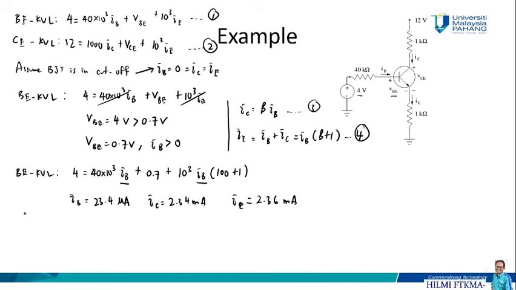Now from the CE KVL, 12 equal to 1000 IC plus VCE plus 1000 IE.